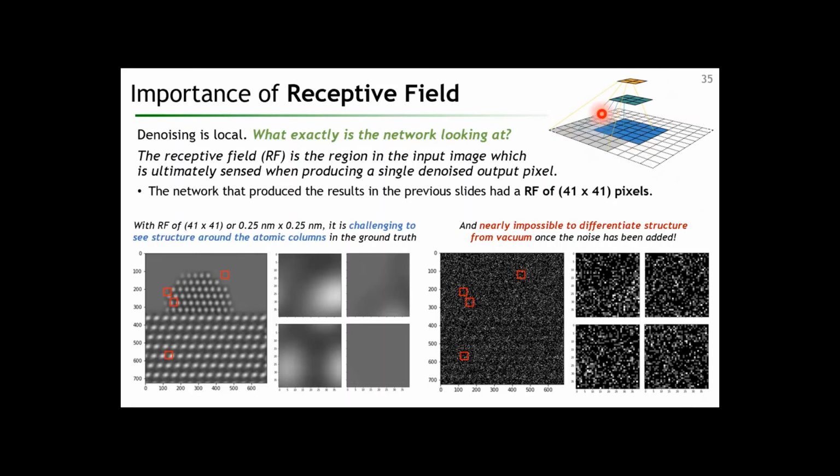It's kind of like, what does the network look at when it's denoising these images? We originally started with a small receptive field of about 40 by 40 pixels. And you can see in these images that with this size of receptive field, it's pretty hard to differentiate structure from different parts of the image. And when you add noise, it's pretty much impossible to differentiate one region of the image from another.